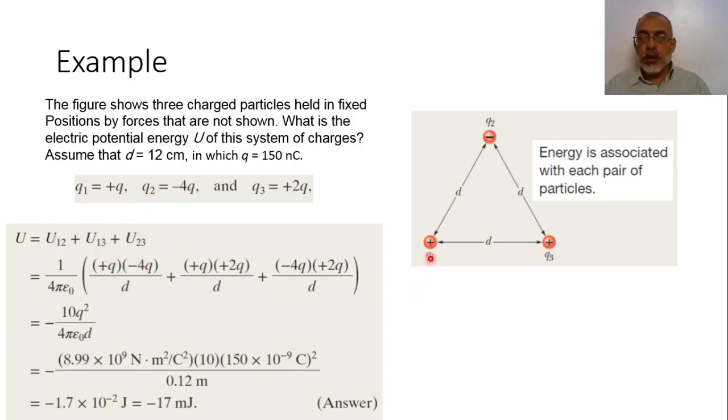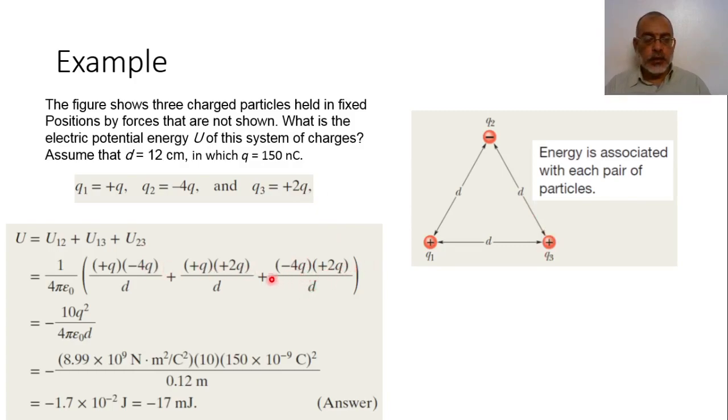U13: Q1, Q3 is positive Q multiplied by positive 2Q over D. We can take D as a common factor because the distance D is the same. U23 is Q2, which is minus 4Q multiplied by plus 2Q over D.